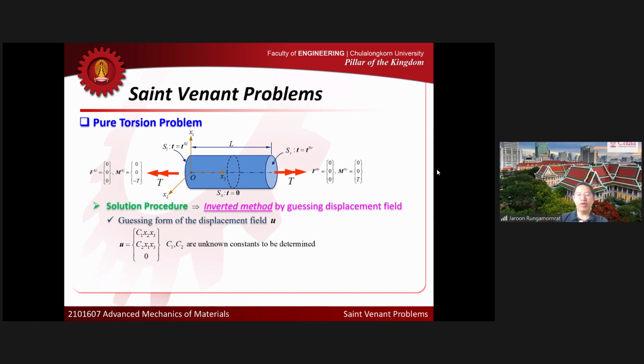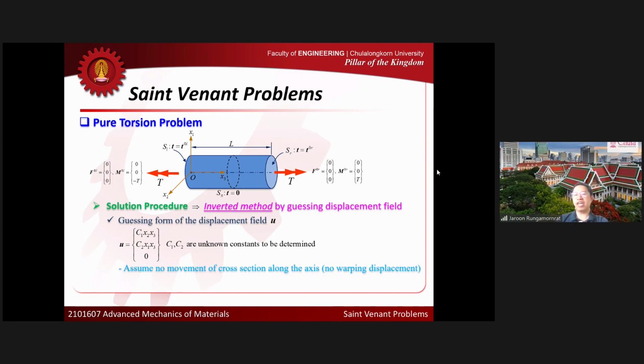If you look at the displacement field, you can see that U1 and U2, the form that I guessed here, are not linear. Why did I come up with this form? I use knowledge from the basic class that I learned before.